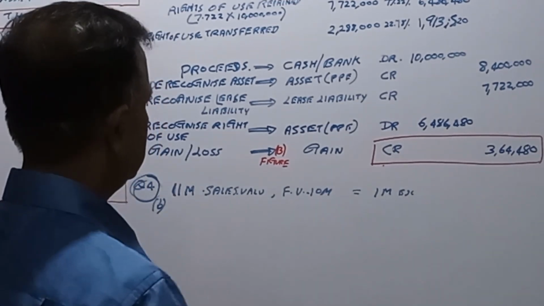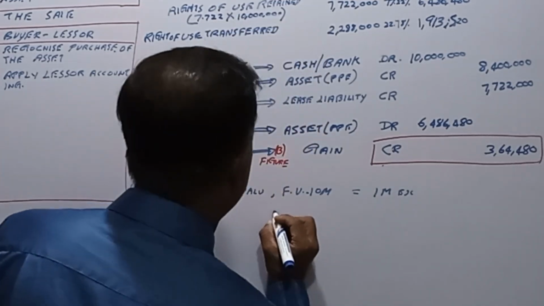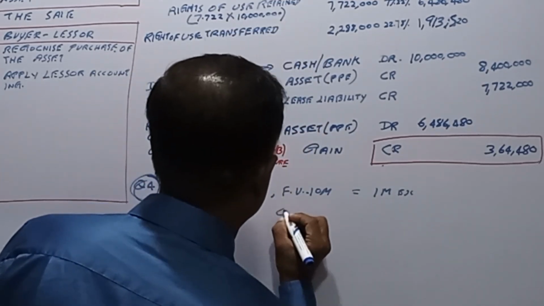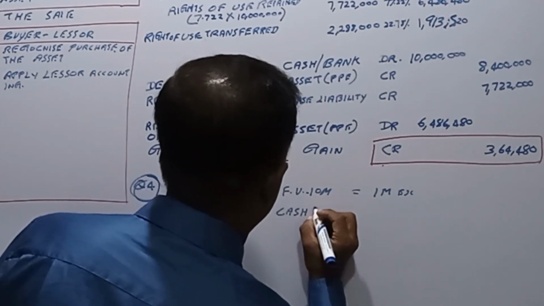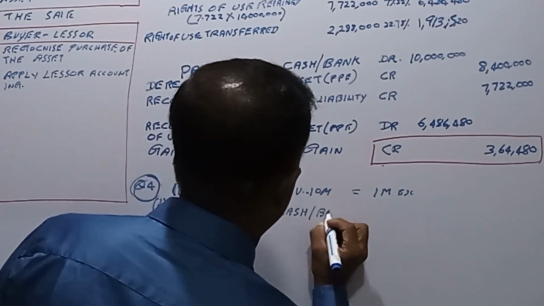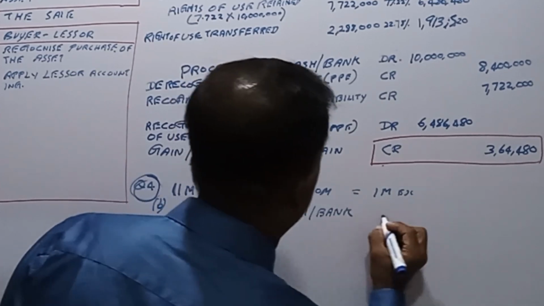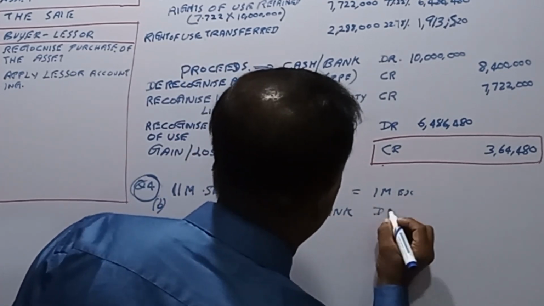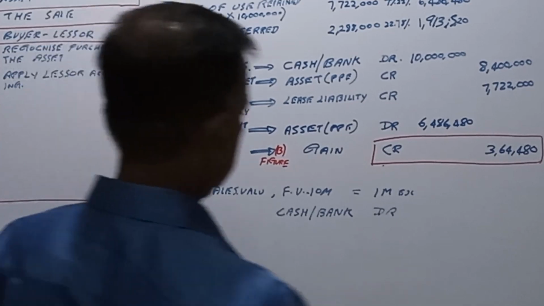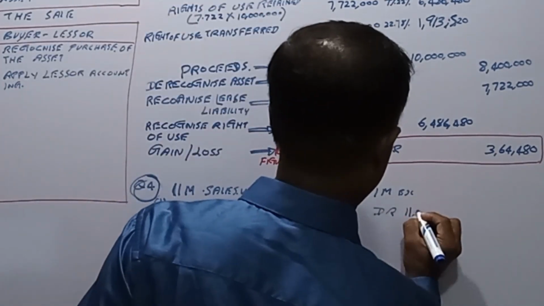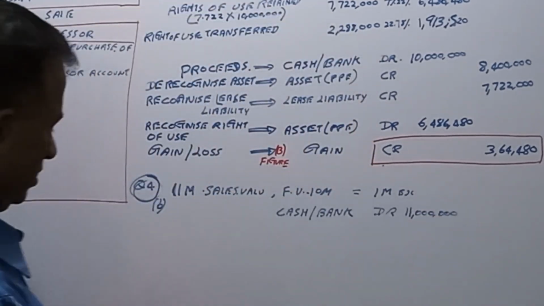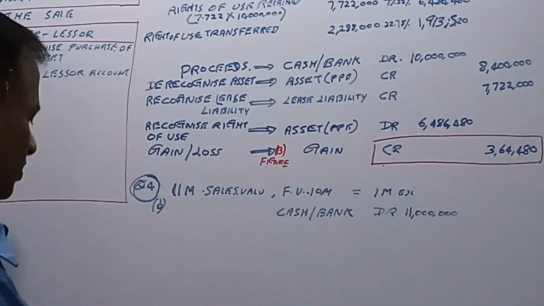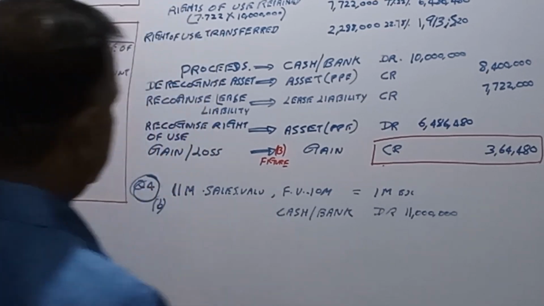So what about the cash and bank? Cash or bank debited 11 million. Cash at bank debited at 11 million.